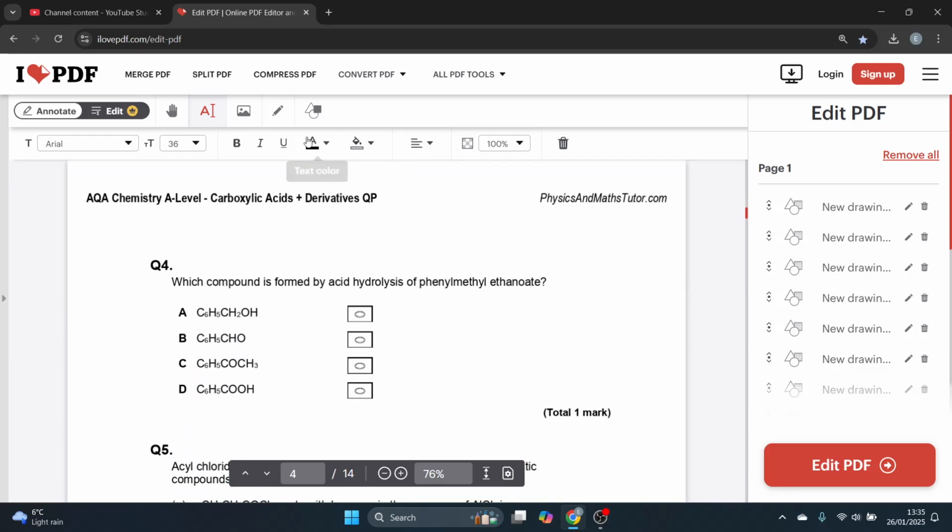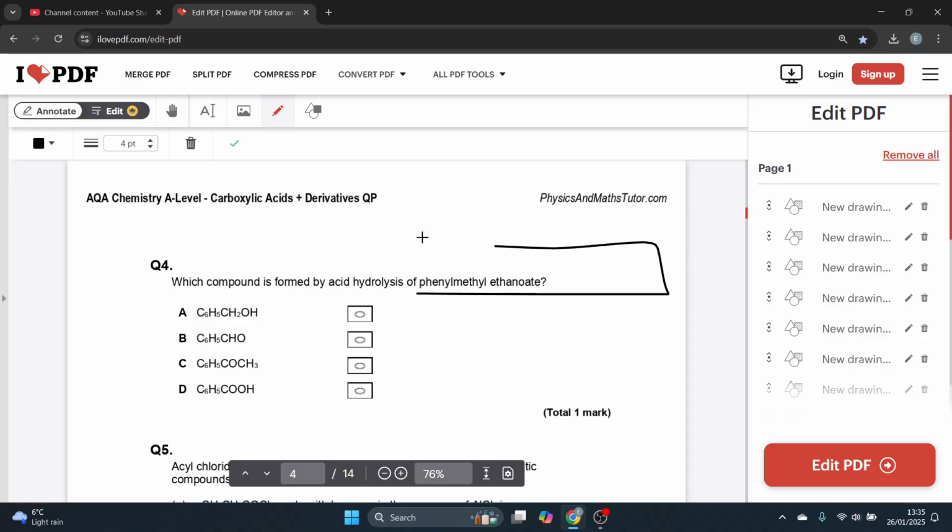Which compound is formed by acid hydrolysis of phenyl methyl ethanoate? It's going to be an alcohol, so it's going to be A.